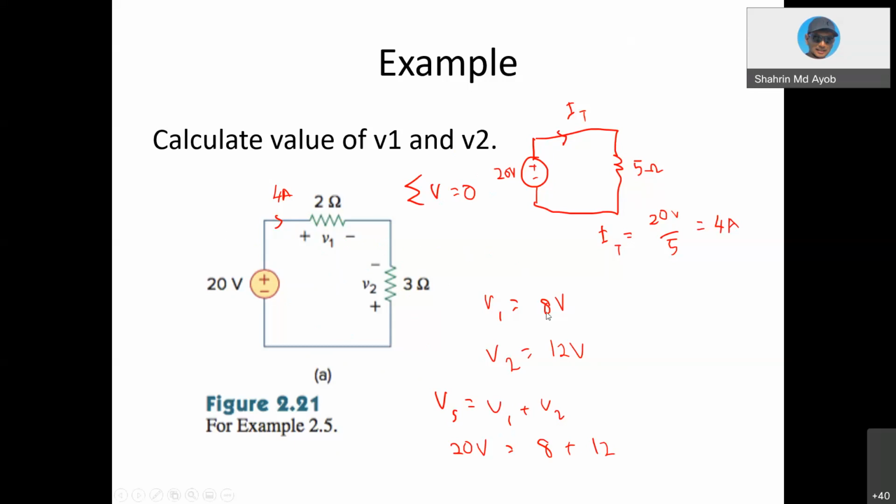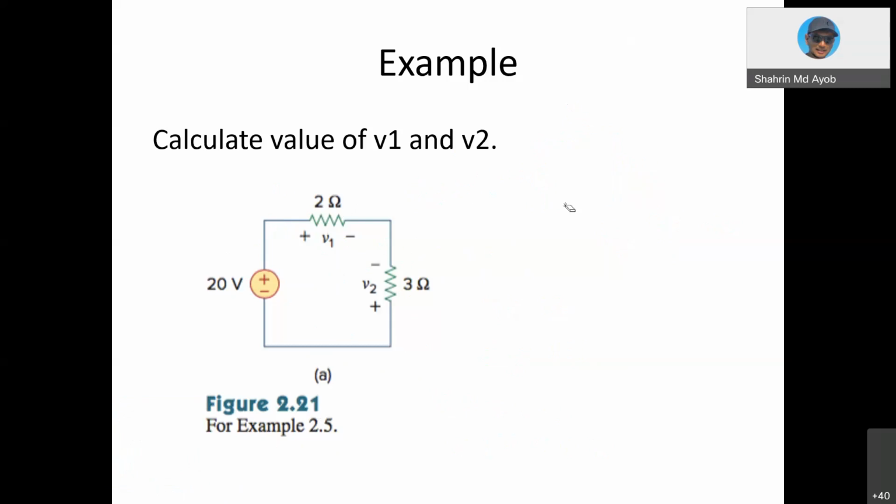So the voltage drop across this resistor is 8 volt, and this one is 12.